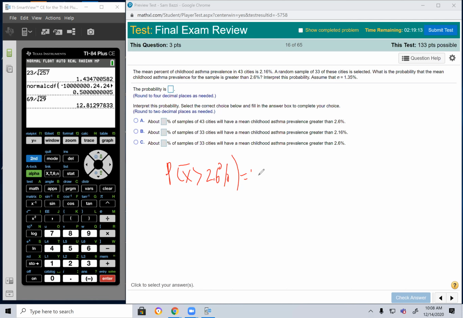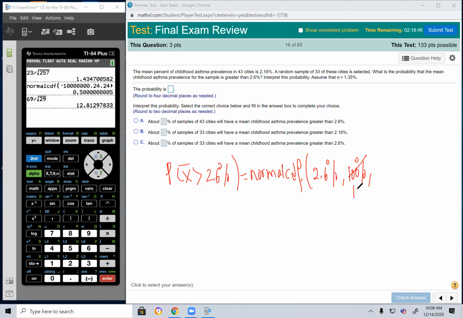It will be normal CDF. 2.6% is the lower bound. The upper bound is, just 1 second. You can go to 100% or a million.